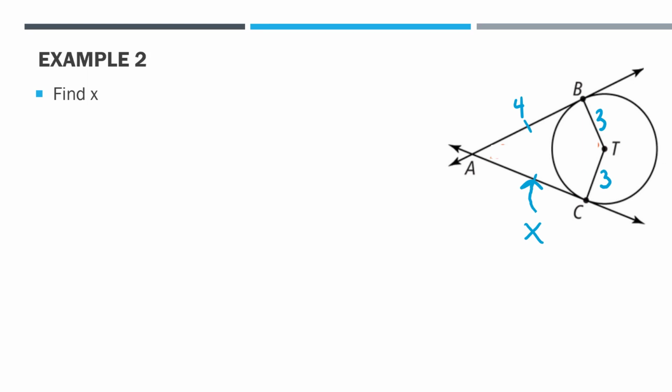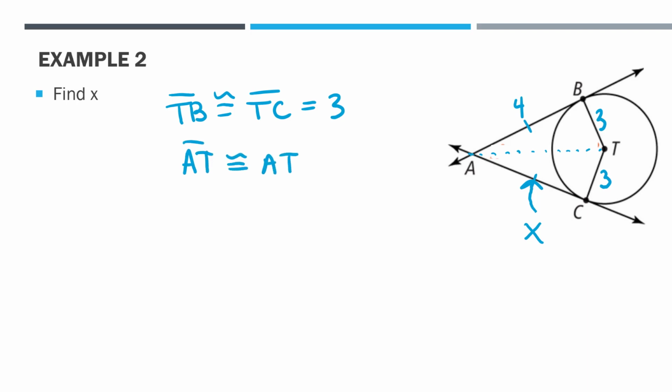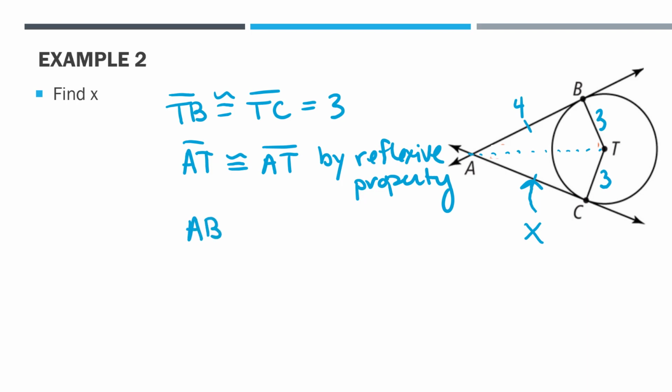For example 2, we're given a diagram. TB is congruent to TC, which is equal to 3. We also know that AT is congruent to AT by the reflexive property, which means that AB must be congruent to AC by CPCTC.